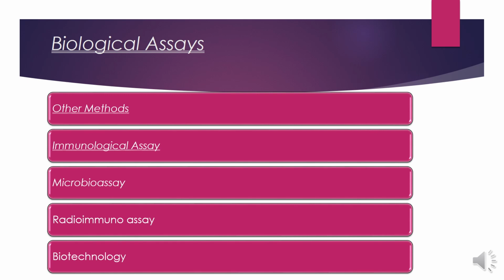These are other methods that utilize biology or living organisms, but they are mentioned in the specific categories because they use specific methods, tools or materials for their measurements, so they are classified as other methods.